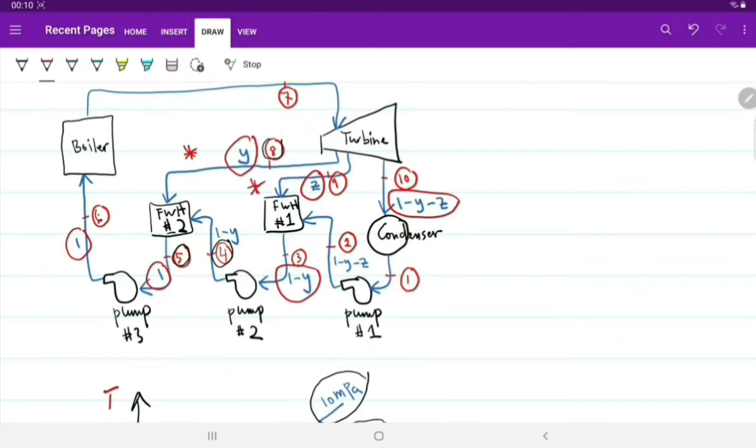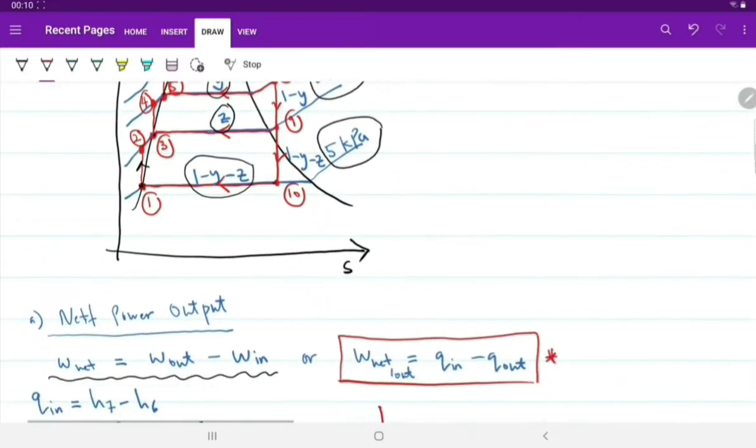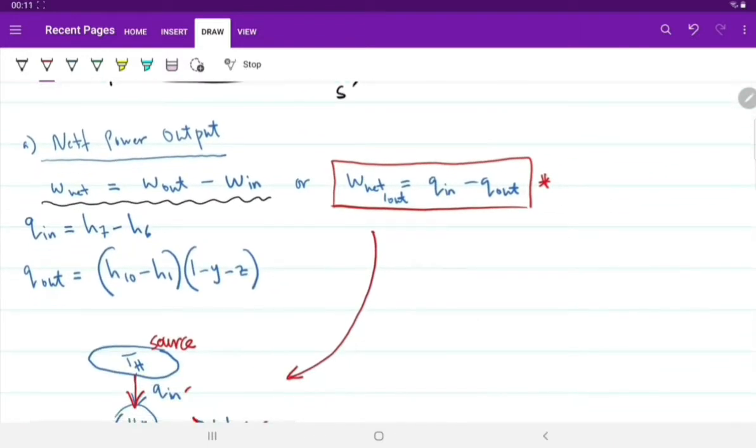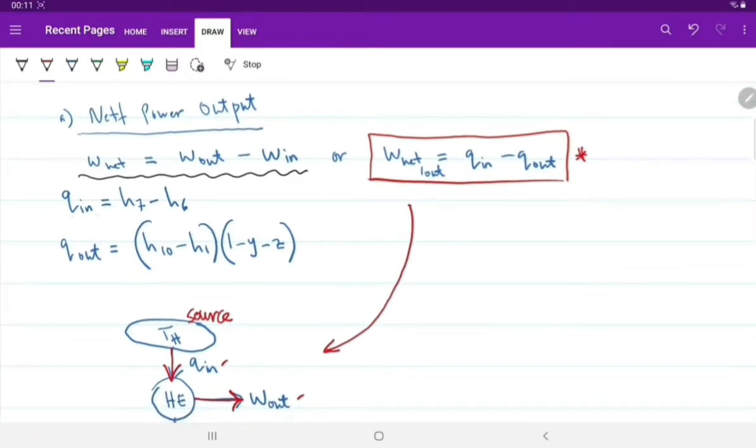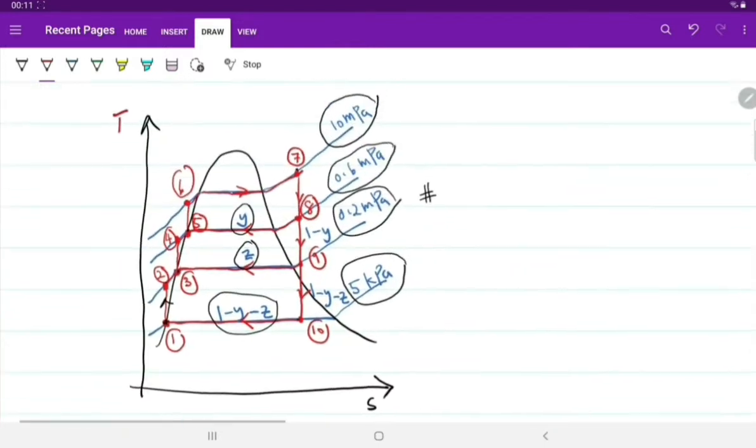Our Q out is in the condenser from 10 to 1. So that is fairly straightforward if we use this equation. Okay, W net equals Q in minus Q out, whereby Q in here is H7 minus H6, in the boiler here.